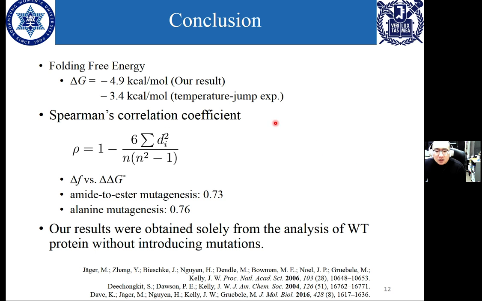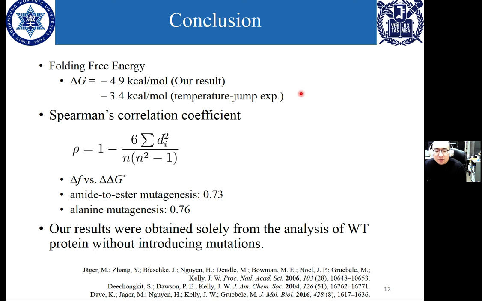In conclusion, we validate our result with experimental studies. The folding free energy was found to be negative 4.9 kcal per mole, which is comparable to the experimental finding. Moreover, we compared our determination of folding effective energy to the delta delta G from the experiments that are obtained from mutagenesis.